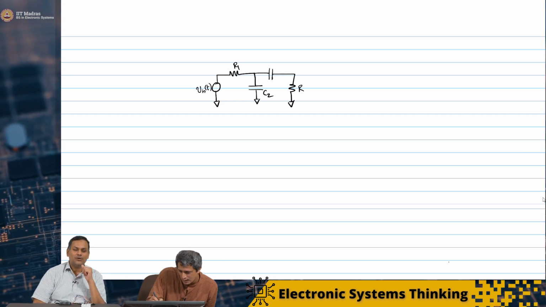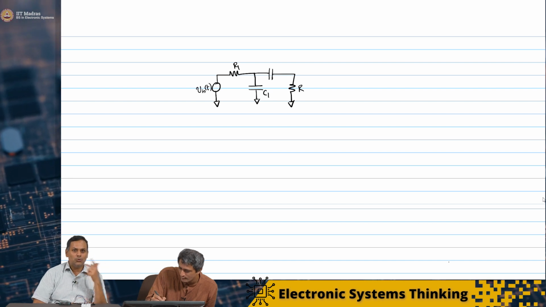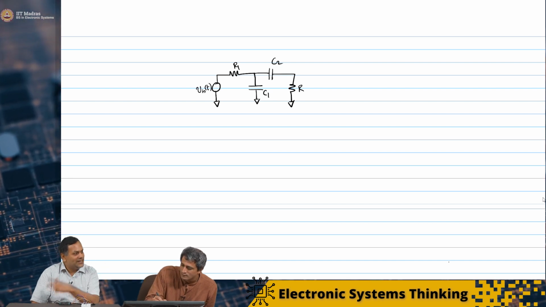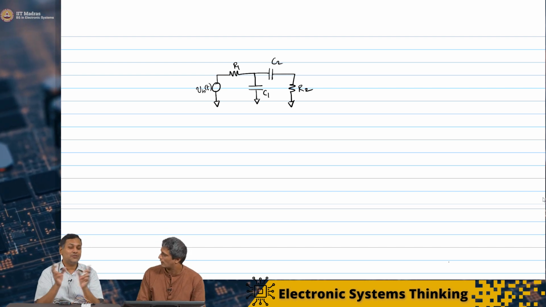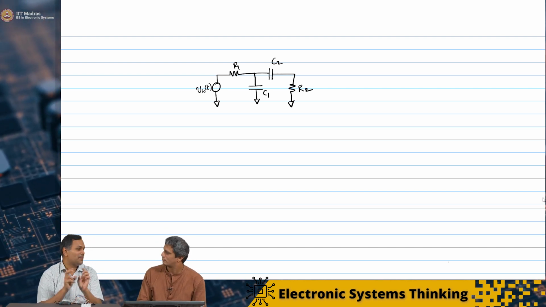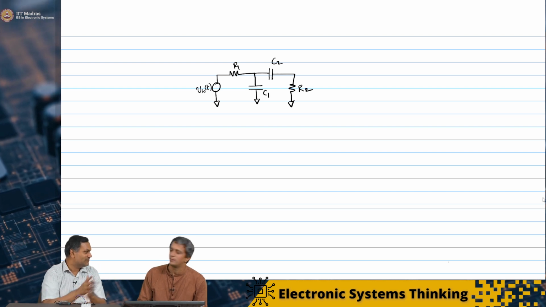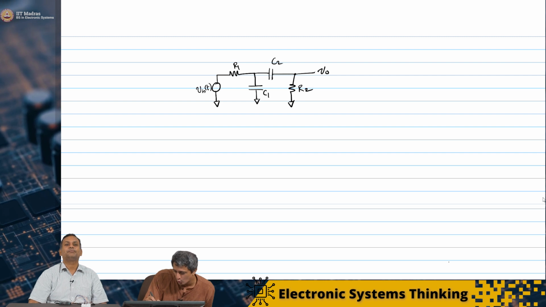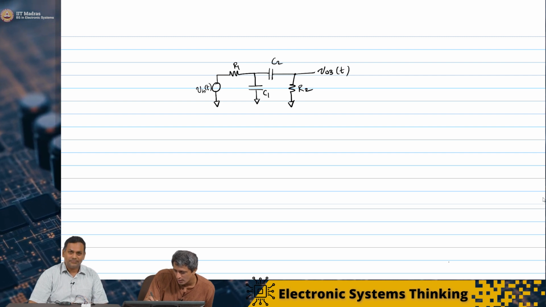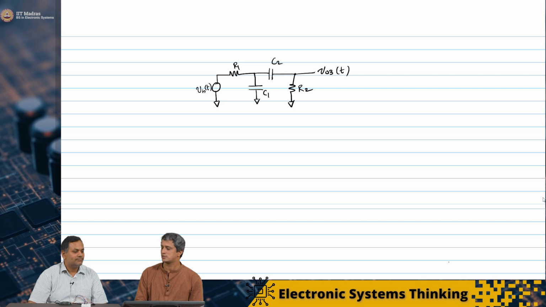So you are taking the output of the low pass filter and giving it to the input of the high pass filter. Exactly. It's almost like taking two separate filters and cascading them. So I am going to look at VO3 of t across this resistor.